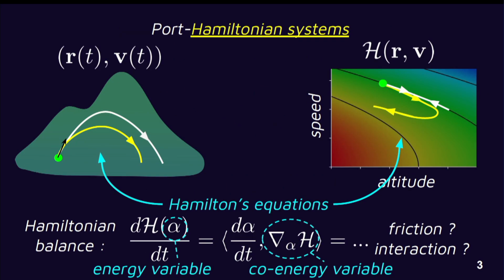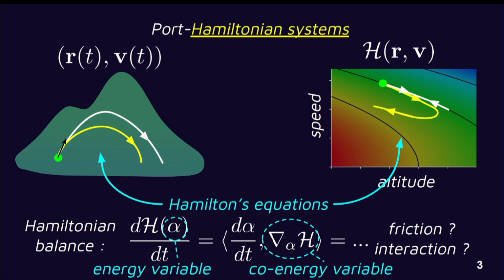So the Hamiltonian systems connect the evolution of the state with time with the variation of the Hamiltonian along the trajectory in the phase space.